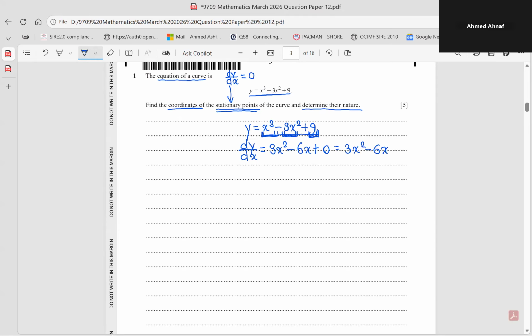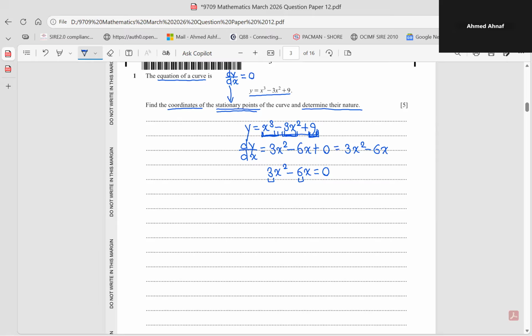Now we will equate it to 0 and solve for x, which will give us the x coordinates of the stationary points. Here we have a quadratic equation, so we look for any common factors to factor out. We can see that x is a common factor, and since both coefficients are multiples of 3, we can factor the 3 out as well.